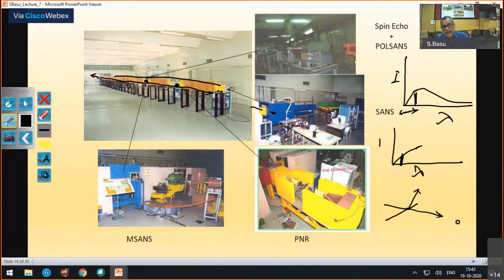Neutrons, unless they are Bragg scattered, the materials are highly transparent to neutrons. This will not happen for X-rays. So the rest of the neutrons go through this monochromator, and then I can choose another wavelength for another instrument, and possibly an integrated wavelength for the third instrument. So on the same beam line, we can put more instruments. This is also another advantage of using neutron guides.